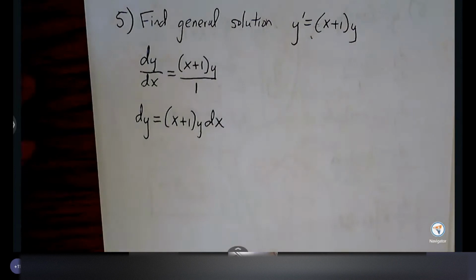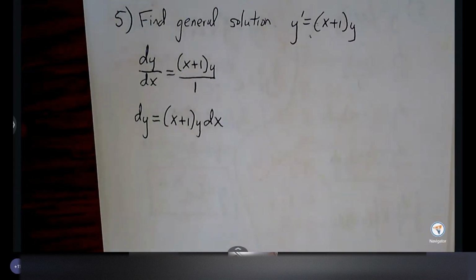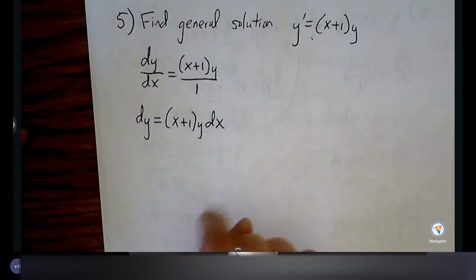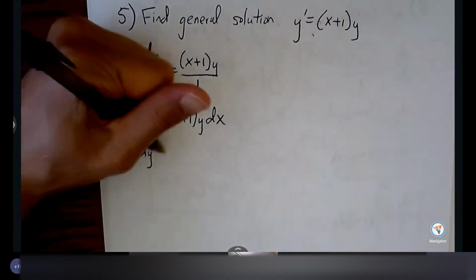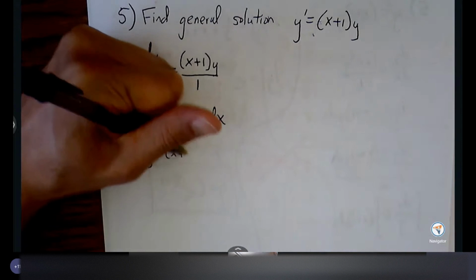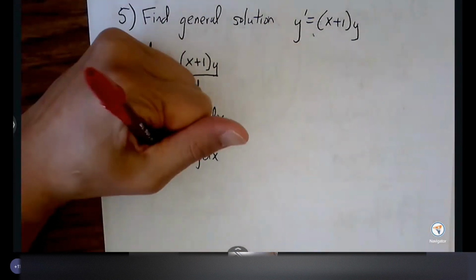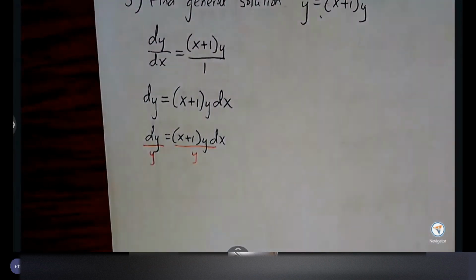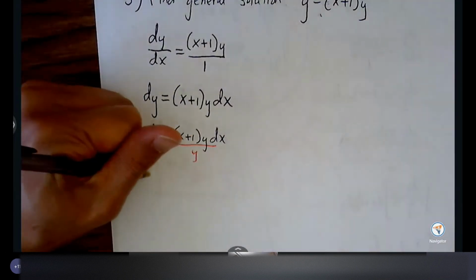Allows me to kind of get a clearer picture as to what is out of place or if there's anything I need to move. And what do you see? Right, there's only one thing out of place, right? Just have to divide that y over to the left side. Y's cancel out.